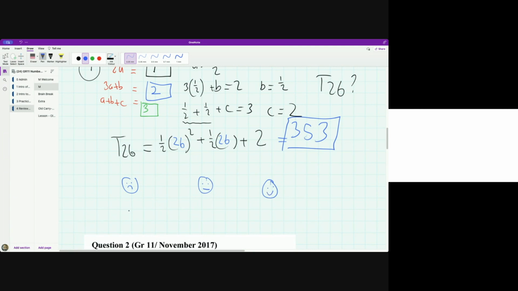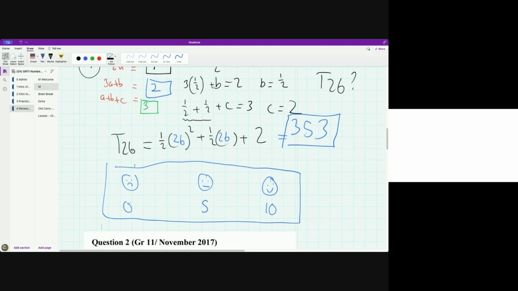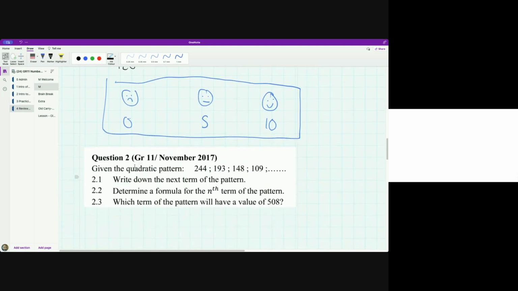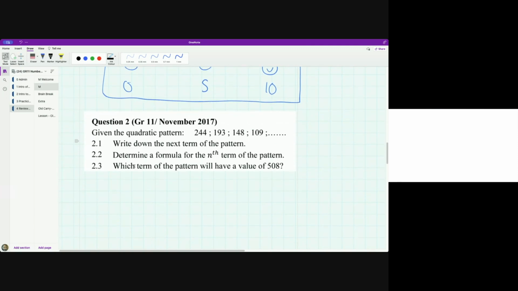Where are you on the face scale if it's these emojis over here? Where do you find yourself? Or emoticons, maybe they're called, I don't know. Okay, thank you for your voting. It is most helpful. Remember to be honest, because I can't always see your faces, so I have to go by your numbers. Okay, let's do another exam question.